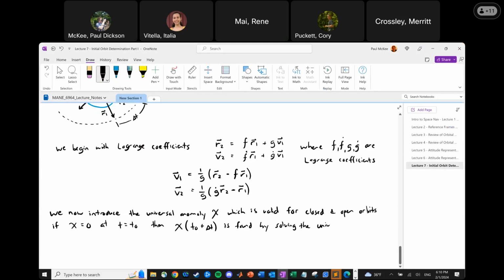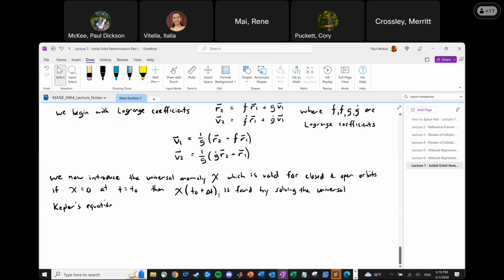the universal Kepler's equation. We knew Kepler was going to play a role in this somewhere. As soon as we saw time, it's like, yep, changing position as a function of time. So here's the universal Kepler's equation.